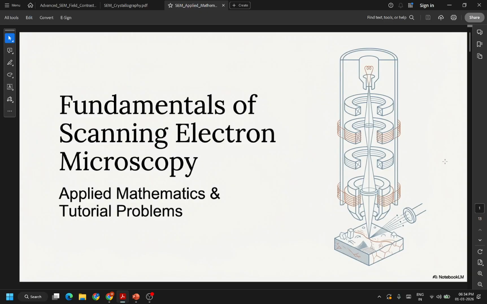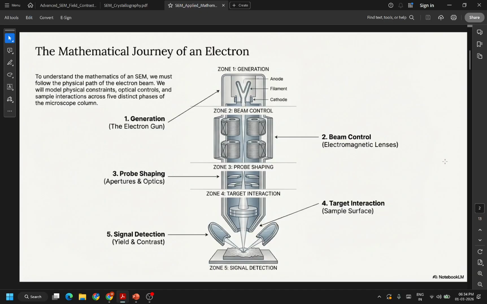Next is your fundamentals applied problems. We will see now. So, recap. Let's recap. First, an electron is generated at the electron gun, your filament.